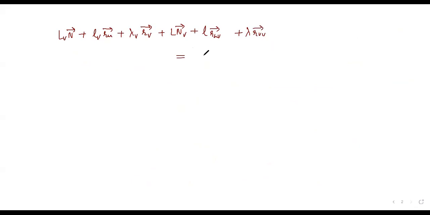Now this should be the same as, right hand side को मैं u के साथ differentiate किया, M_u N plus small m_u, it's a scalar, R_u, then plus mu_u R_v, plus of course M N_u plus m R_uu plus what would be the last one?